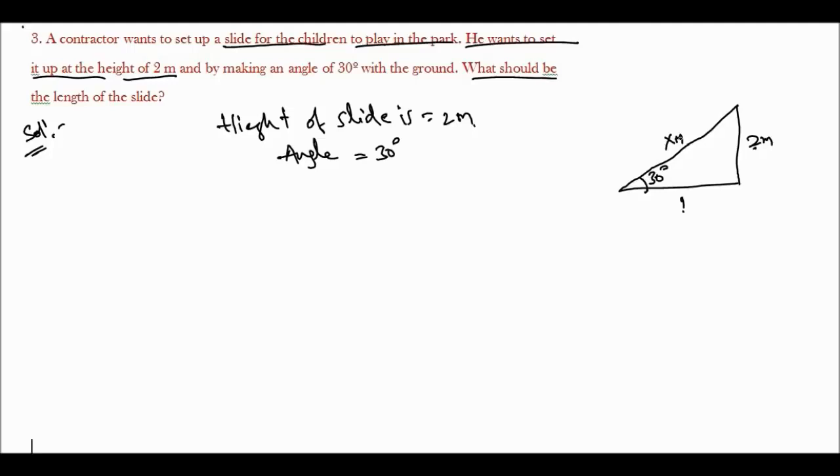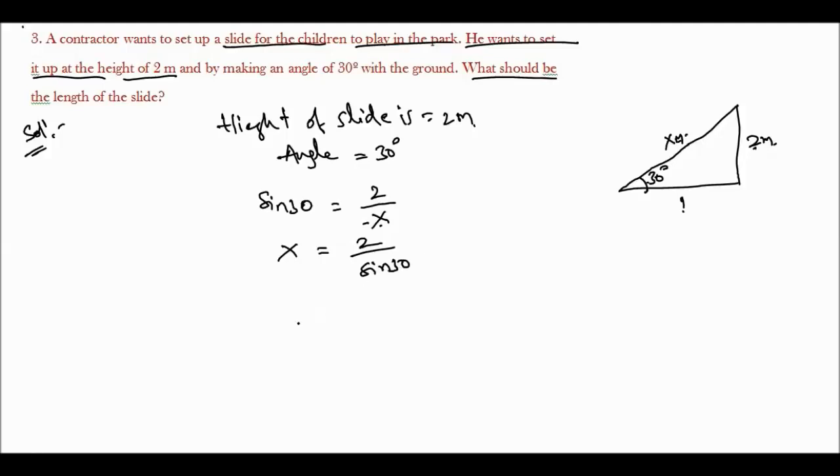So we have to find the hypotenuse, no? So we do like this. We take sin 30, because it is opposite by hypotenuse. Opposite means how much? 2. Hypotenuse means how much? x. So x will go here and sin 30 come here. x is equal to 2 by sin 30.